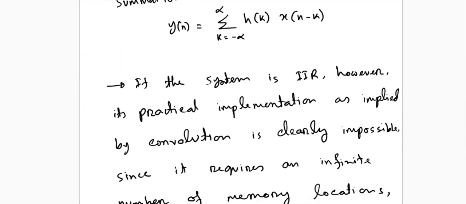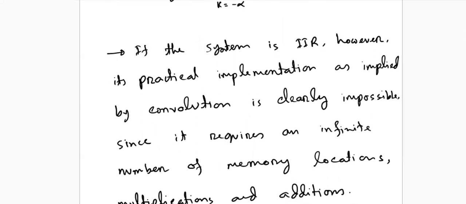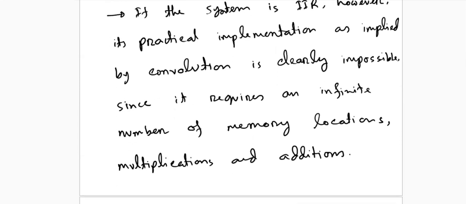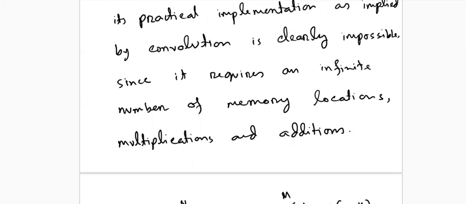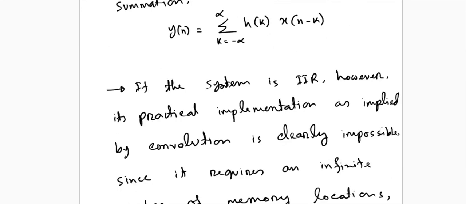If the system is IIR, however, its practical implementation as implied by convolution is clearly impossible, since it requires an infinite number of memory locations, multiplications, and addition. Why infinite number of memory locations?